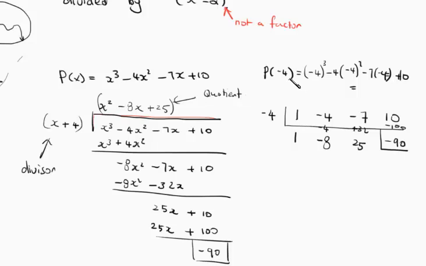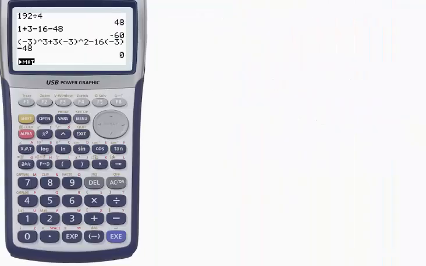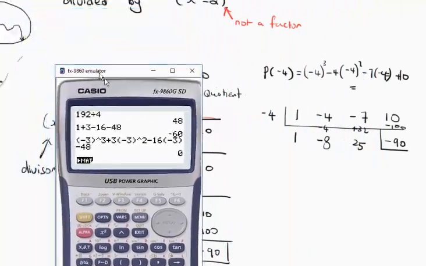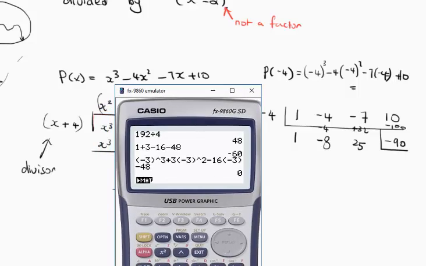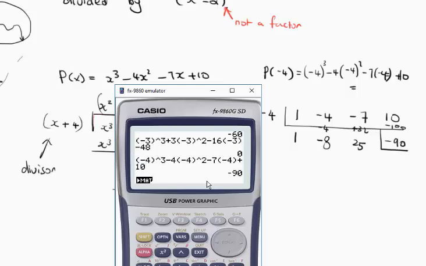Simply plugging in minus 4. Let's have a look. Got the calculator here. Okay. Minus 4 to the power of 3, minus 4 times by minus 4 squared, minus 7 times by minus 4, plus 10, minus 90.